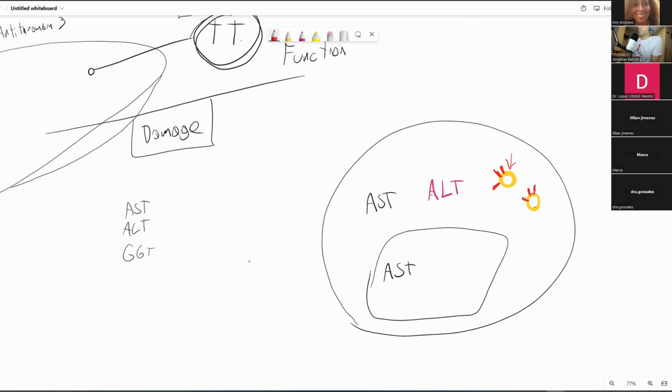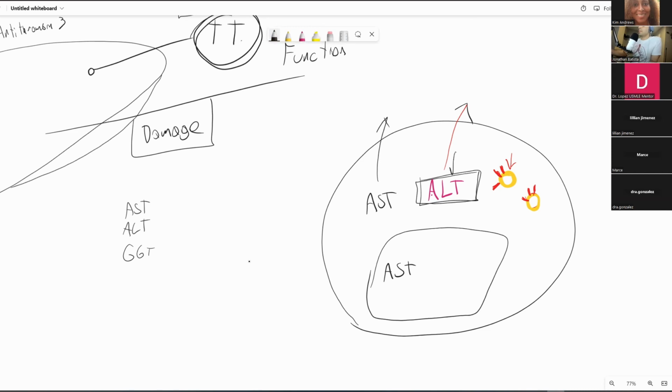What type of damage? Usually it starts off with reversible damage, swelling of the cell. That will lead to permeability, which leads to enzymes leaking out of the hepatocyte. So we will have leaking out of AST and ALT, but ALT is more abundant at a cytoplasmic level. So that's what you'll see here, increased ALT.